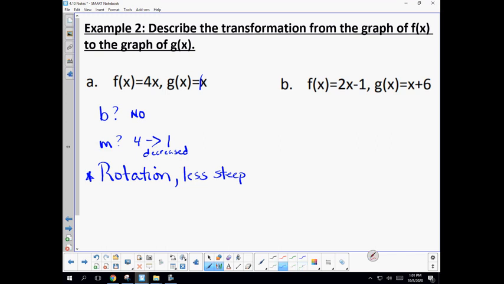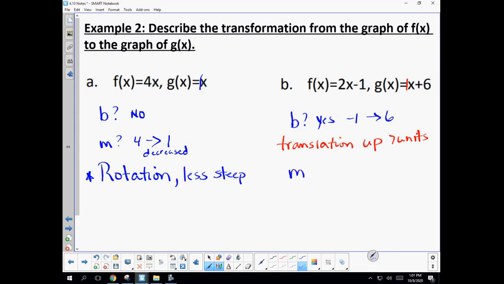Okay, so that's the only transformation that has happened in letter A. Let's look at letter B. We have f of x equals 2x minus 1, and we have g of x equals 1x plus 6. So let's ask ourselves, did our b change? Yes. It went from negative 1 to 6. So we're going to have a transformation there. That transformation is going to be a translation. And I went from negative 1 to 6, so I went up 7 units.